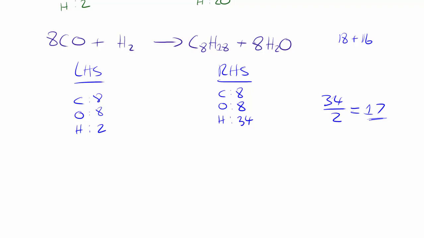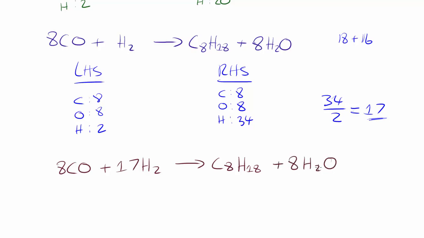So if we do that, we should get 8 CO plus 17 H2 produces C8H18 plus 8 H₂O, right? Okay.